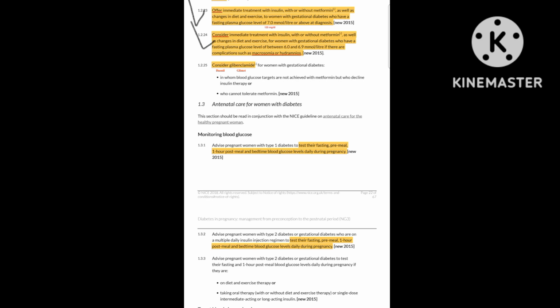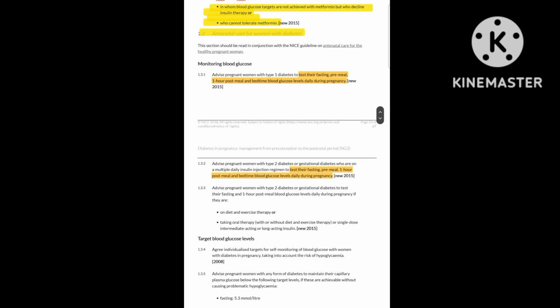Consider the same for women with a fasting plasma glucose level between 6 and 6.9 millimole per liter if there are complications such as macrosomia or polyhydramnios. Consider glibenclamide for women in whom blood glucose targets are not achieved with metformin but who decline insulin therapy or cannot tolerate metformin.